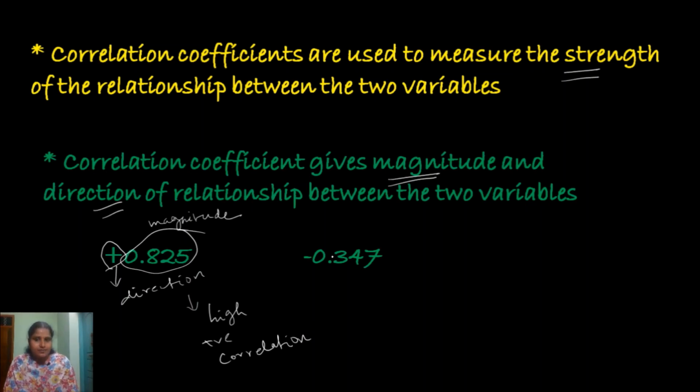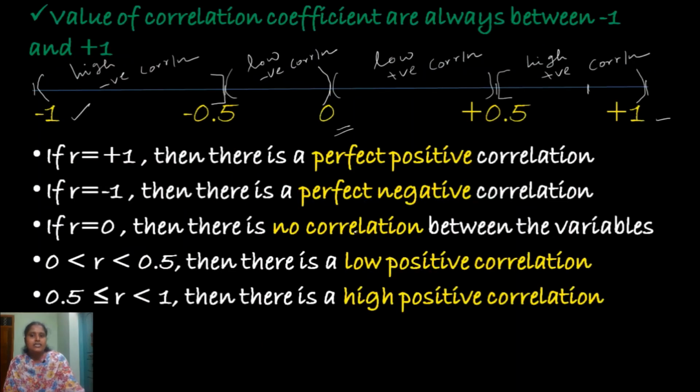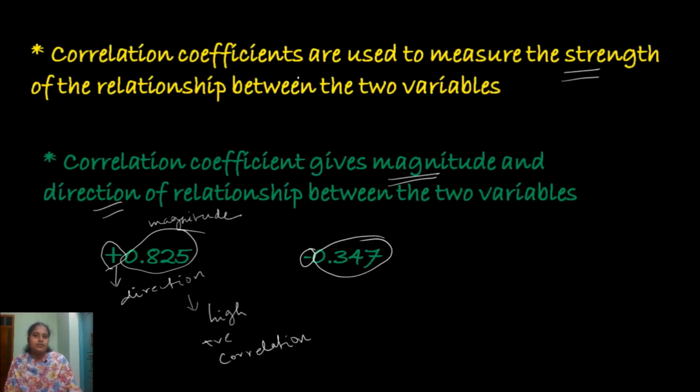Look at this. Negative value is an indicator of negative relationship, -0.347. Look at the chart once again. If it is minus 0.3, approximately here, that means there exists low negative correlation.